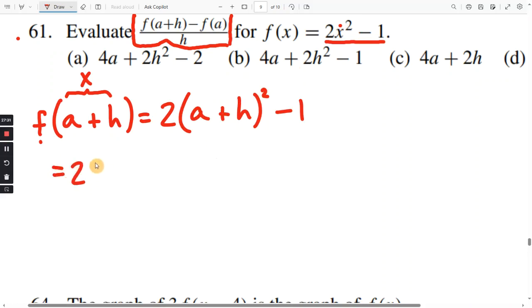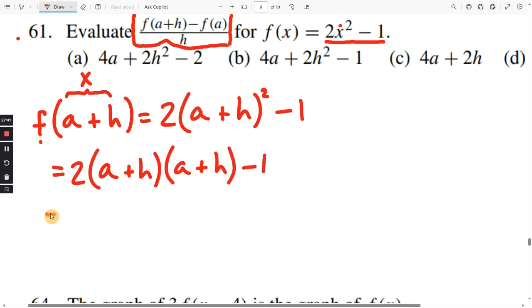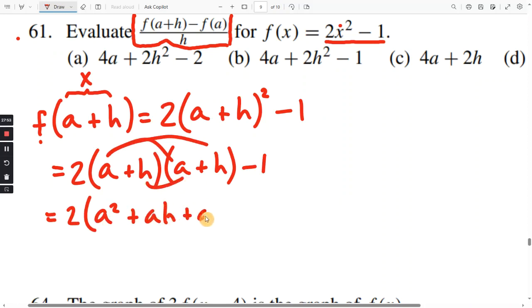It's going to be 2 times a plus h times a plus h, minus 1. That's going to be 2 times, distributing, a times a is a squared. a times h is ah. h times a is ah. And h times h is h squared. That whole thing is minus 1.